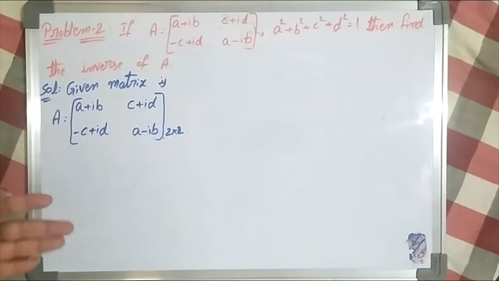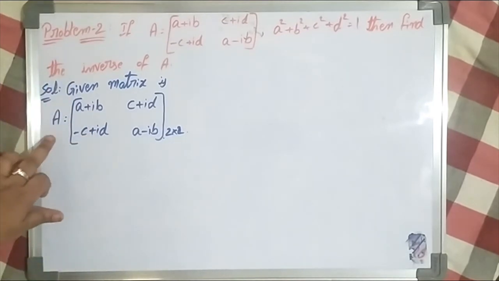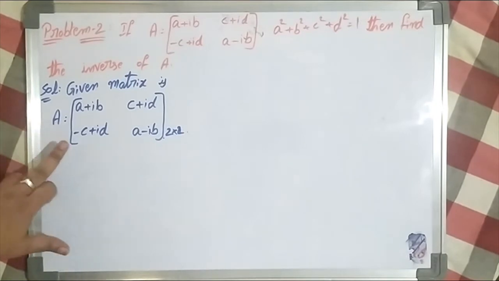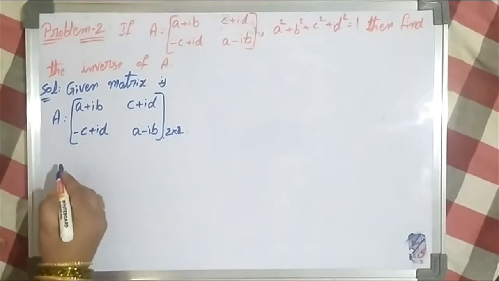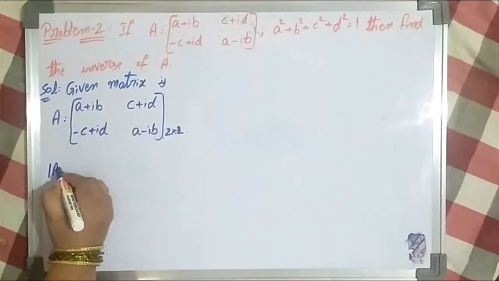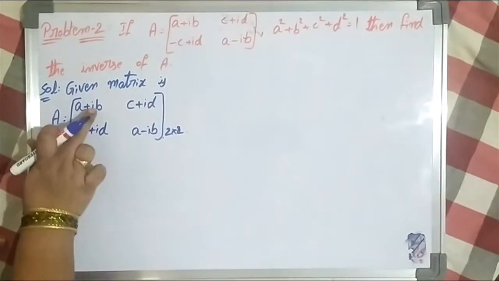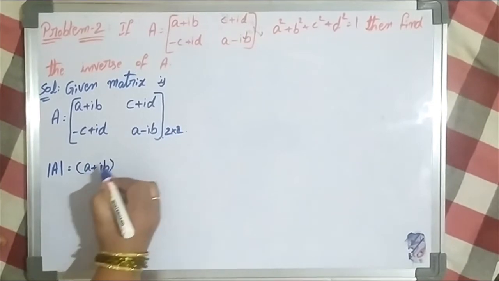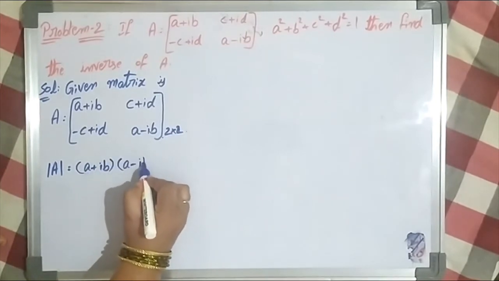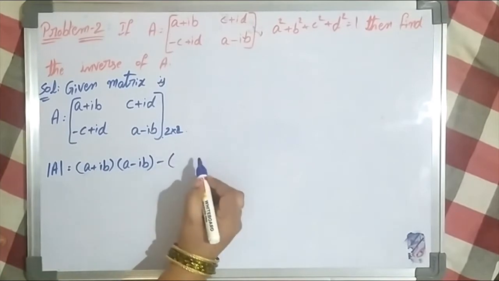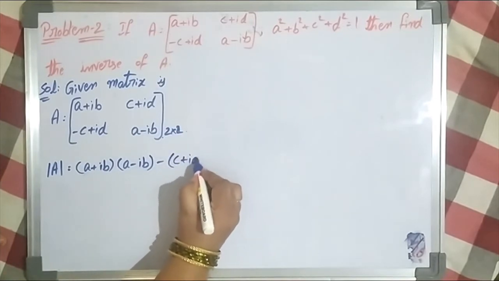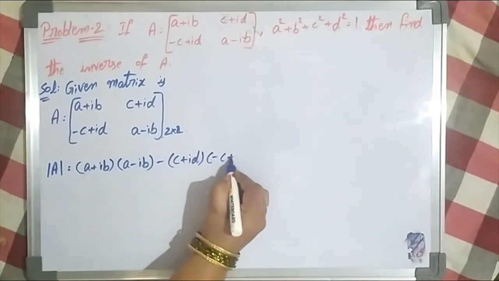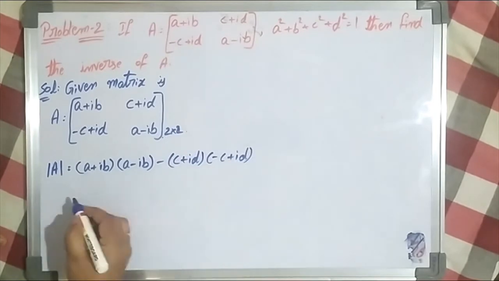First we have to check whether the given matrix is a singular matrix or non-singular matrix. For that we have to find det A. Determinant of A is equal to (a plus ib) into (a minus ib) minus of (c plus id) into (minus c plus id).